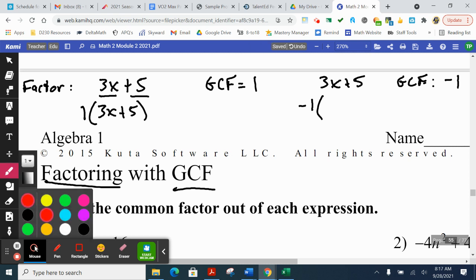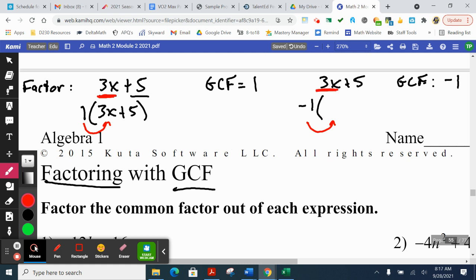If I again go back to the original one here, if I did 1 times 3x, do we agree that should give me this first term? Now think about what would happen for this one. A negative 1 times what would make sure that we still get this 3x? What would we have left over in this parentheses to make sure we still get a 3x? Maddie? Good.